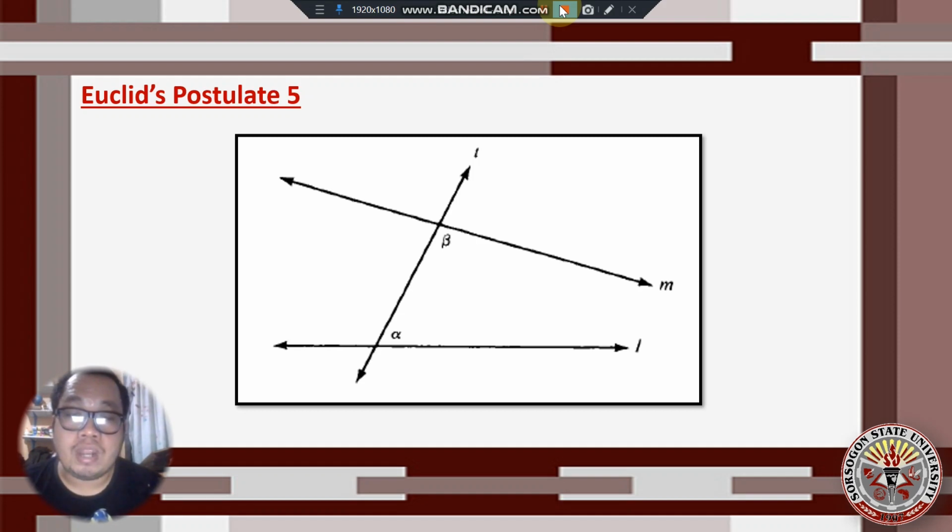So if the two lines M and L are extended indefinitely, these two lines will meet at a certain point.